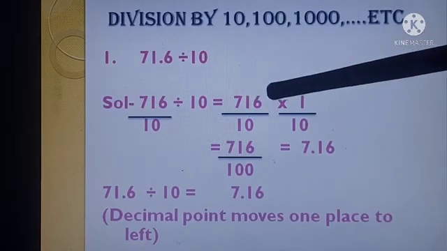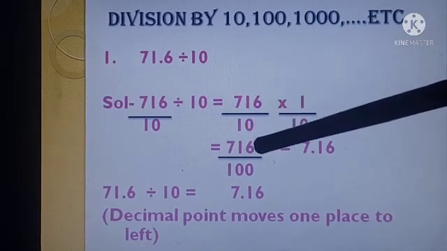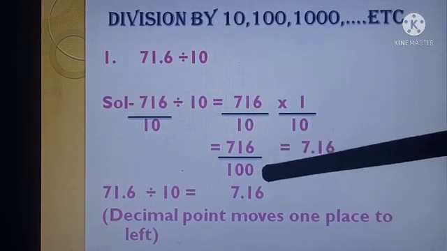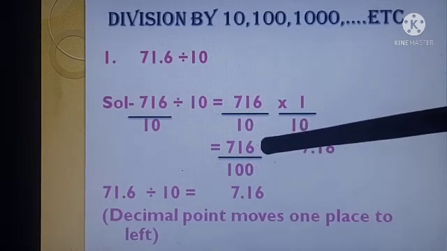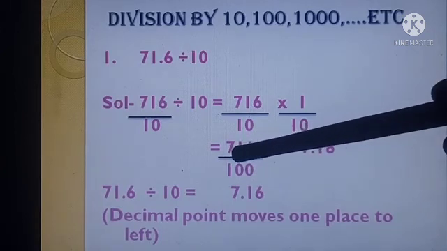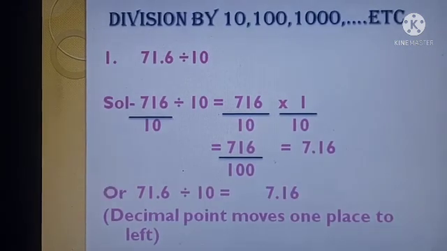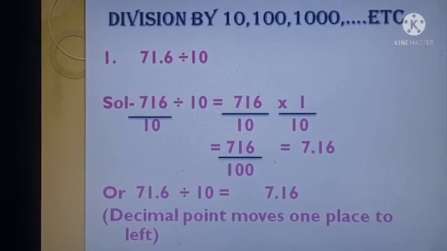So now 716 ones are 716, 10 tens are 100. The denominator contains two zeros, so start counting from the ones place, 1 and 2. Put the decimal here. So our answer will become 7.16. And now how can we do it by shifting the decimal?